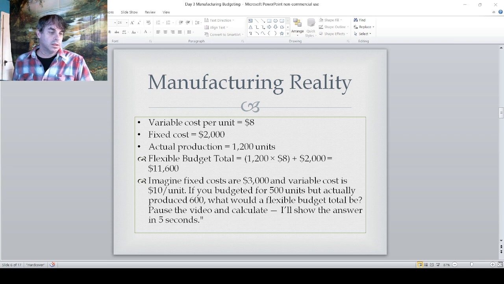Flexible budget total is 1,200 times $8 plus 2,000 equals 11,600. Now the variance to actual 11,500 is only $100, a much clearer picture of performance.